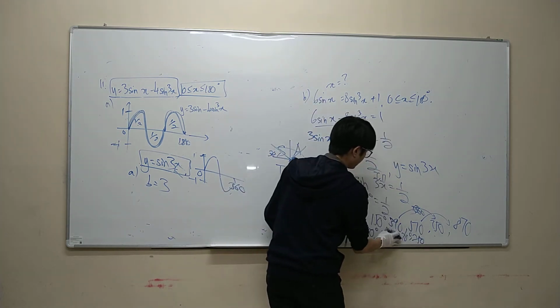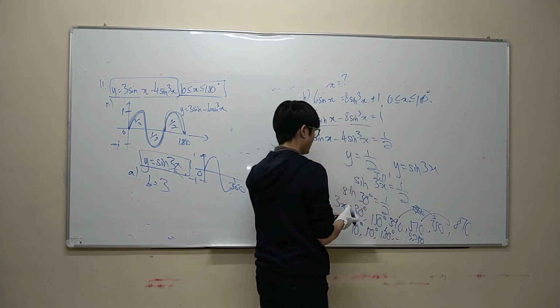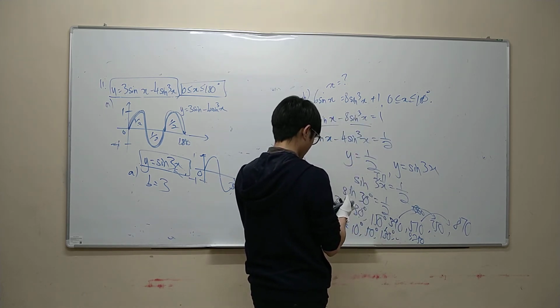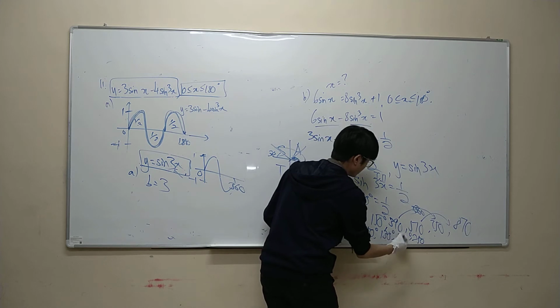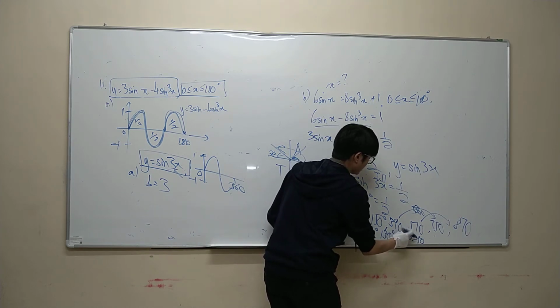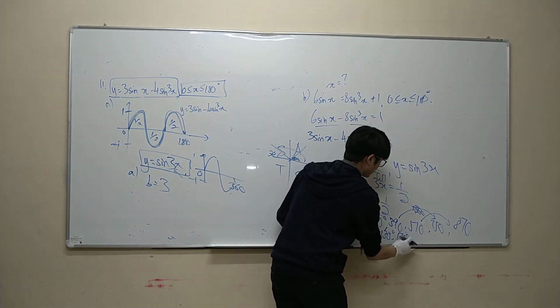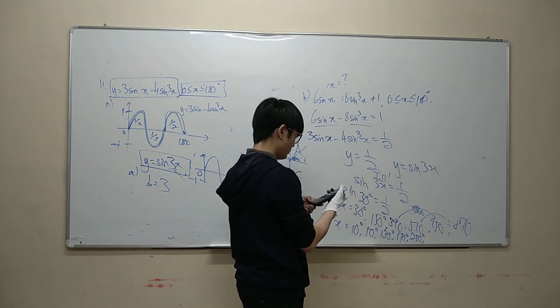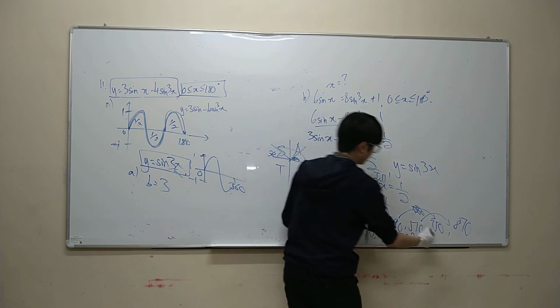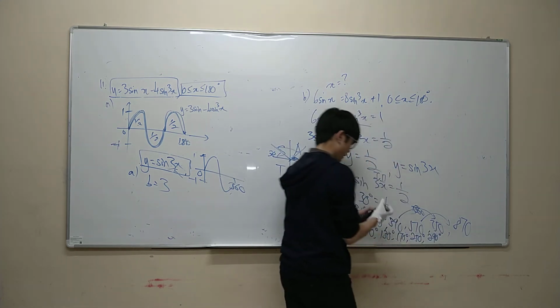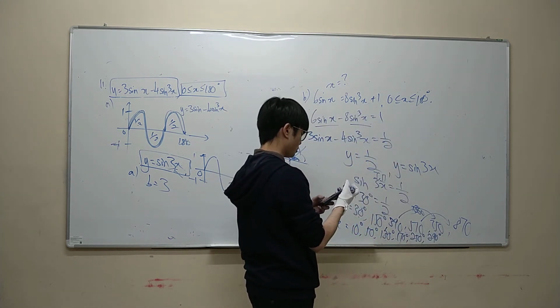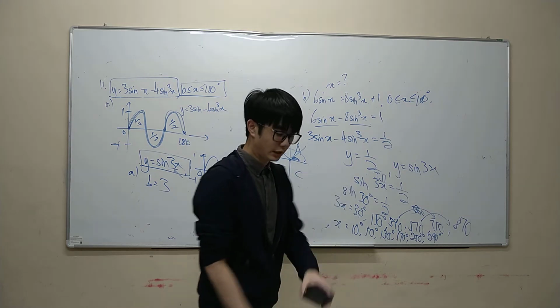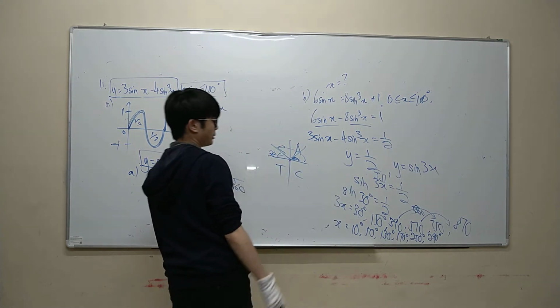Okay, I think this one I wrote wrong already. 510 divide 3 is 170 here. So 170 and then 250. And the last one will be 870 divide 3, 290. Okay, let me double check because I don't want to write the wrong answer. Okay, correct. Betul? So that will be the answer.